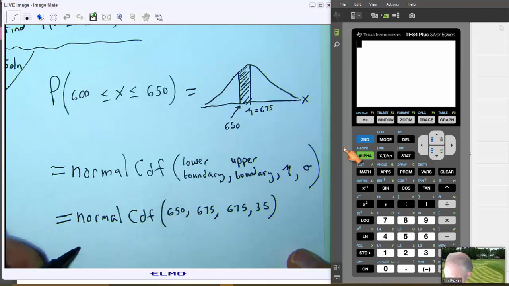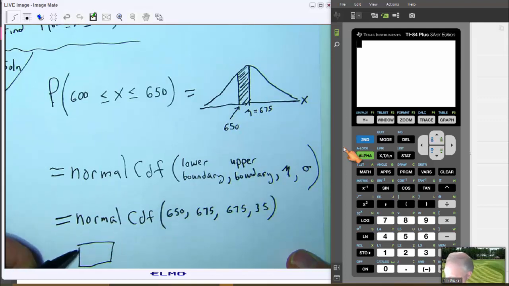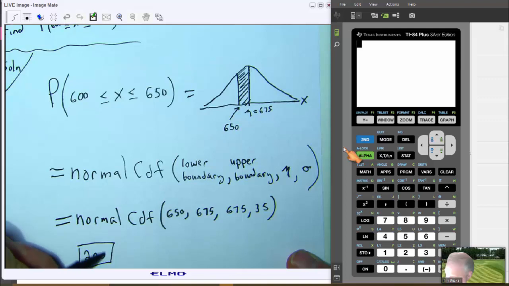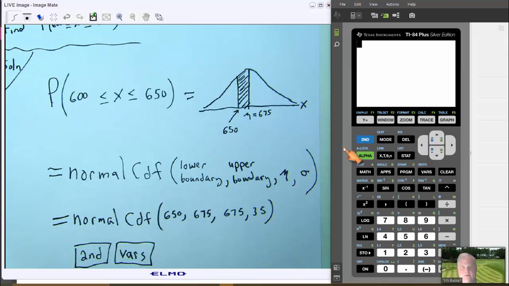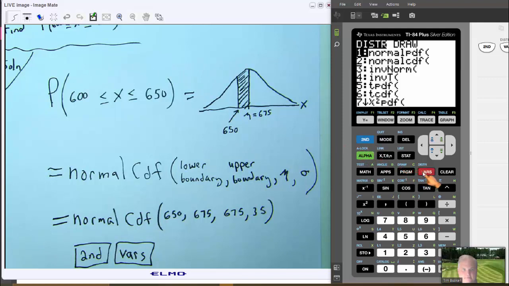To access normal CDF, you press the second button, then the VARS button. This is how you can access all of your calculator's distributions that are programmed into it. Over here I'm pressing second VARS.